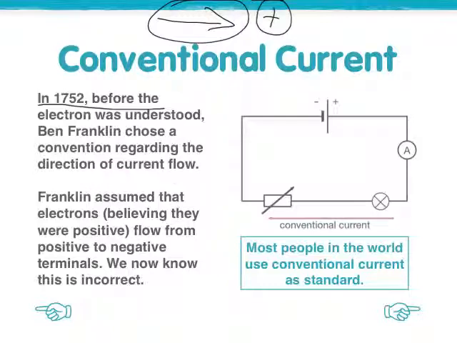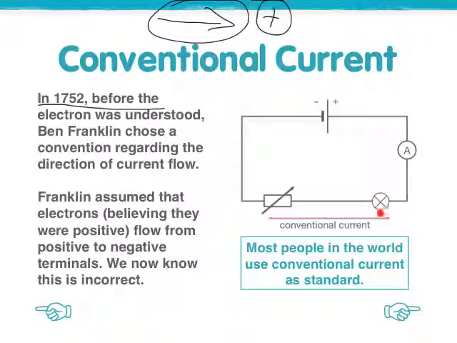He just made it up. He assumed that electrons were positive, and so he thought that they were moving from the positive to the negative terminals. We know this is incorrect, but we still use this direction as the convention.